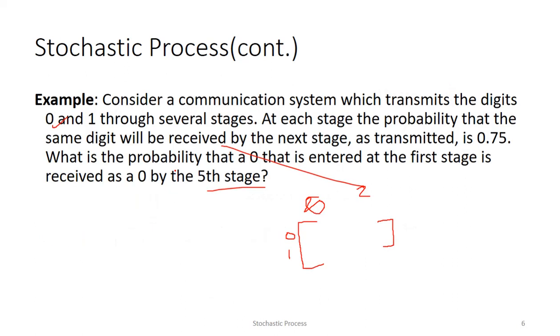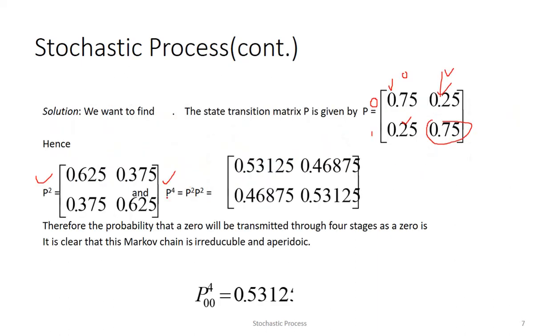First observe the question: at each stage the probability that the same digit will be received by the next stage as transmitted is 0.75. What is the probability that a 0 entered at the first stage is received as 0 by the fifth stage? For this we need the 4-step probability. Therefore the probability that 0 will be transmitted throughout the 4 stages as 0 is calculated.